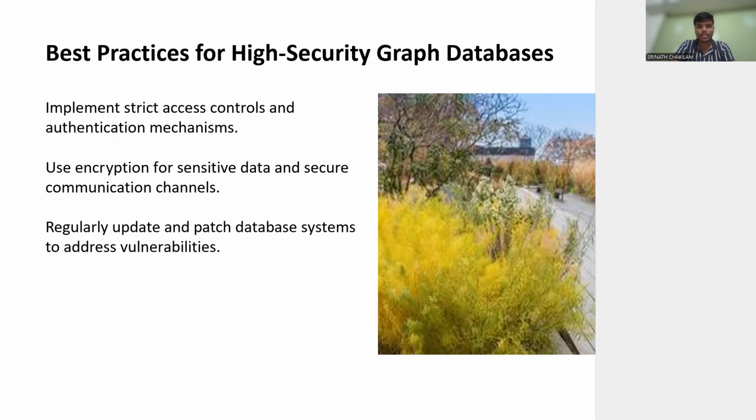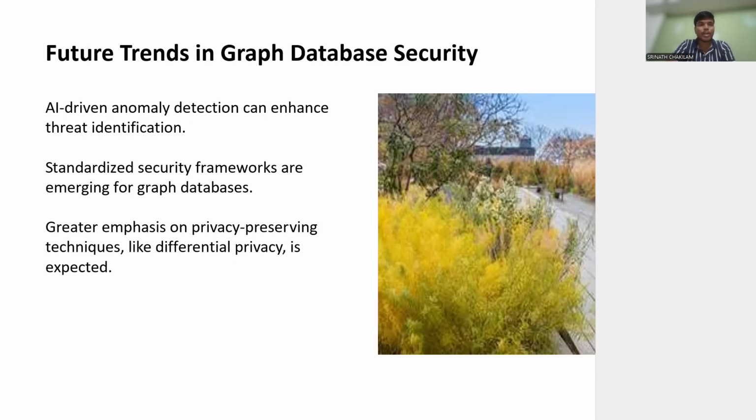Next is future trends in graph database security. AI is the future trend. AI-driven anomaly detection can enhance threat identification. Standardized security frameworks are emerging for graph databases.